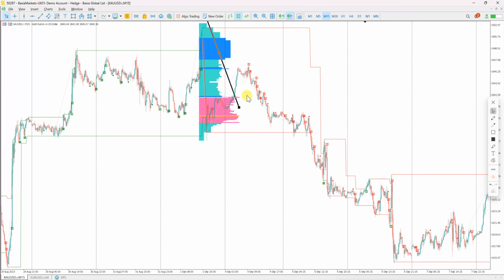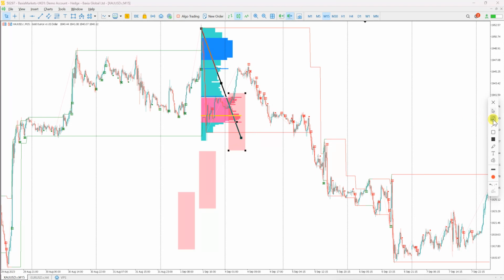Basically, it is where the low and the high of the first and the third candle, let's say like this, and then we have a wick. This wick must not touch it.